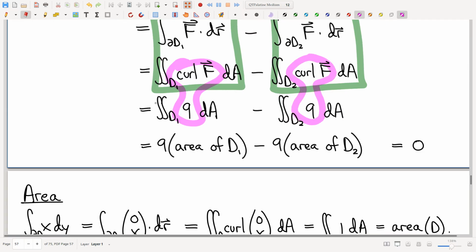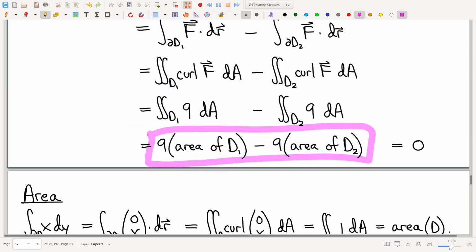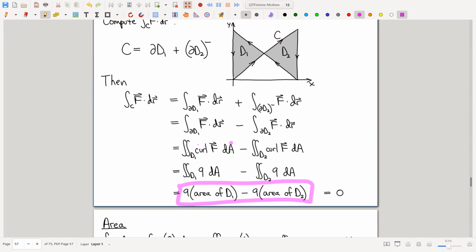And so we are, in fact, just looking at the difference of these 2 really easy integrals to compute. And in fact, you don't even need to compute them, because each one of them is 9 times the area of the corresponding triangle. And you can see that those two triangles pretty evidently have the same areas. So we're looking at something minus itself, answer 0.